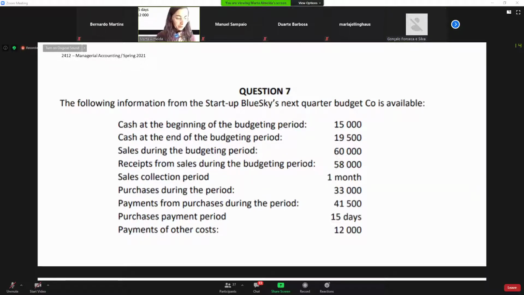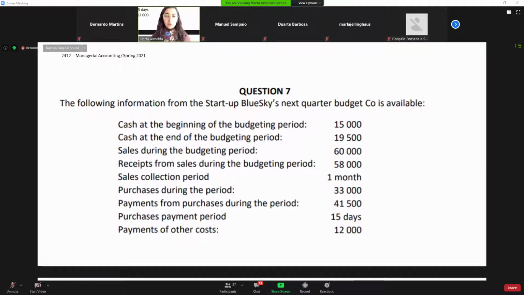Very good. So if we expect to pay 2.5 months, 2.5 months would be 27,500. We will be owing the suppliers at the end of the period 5,500.